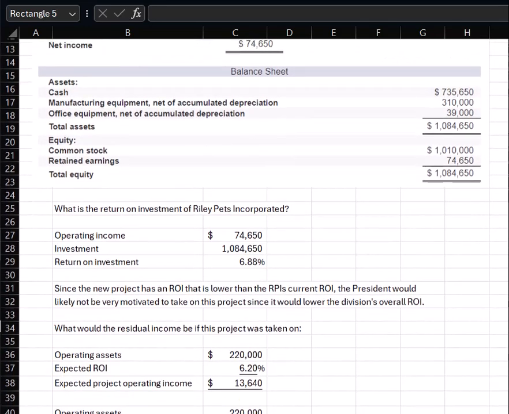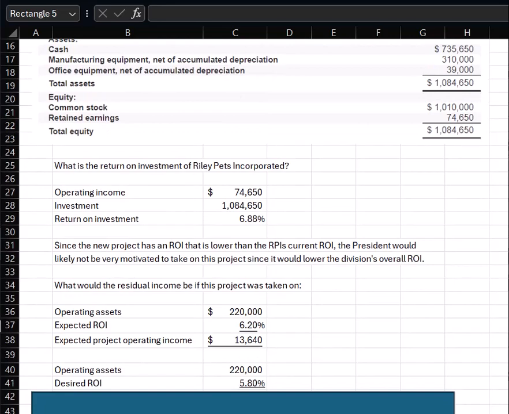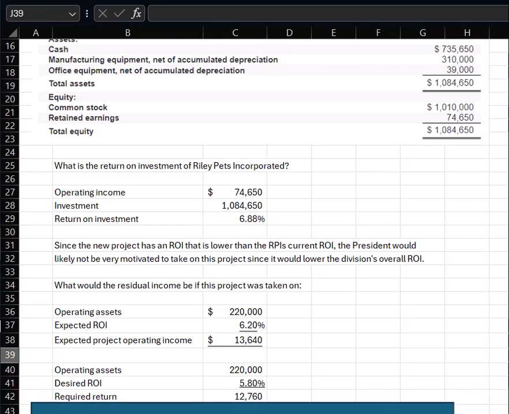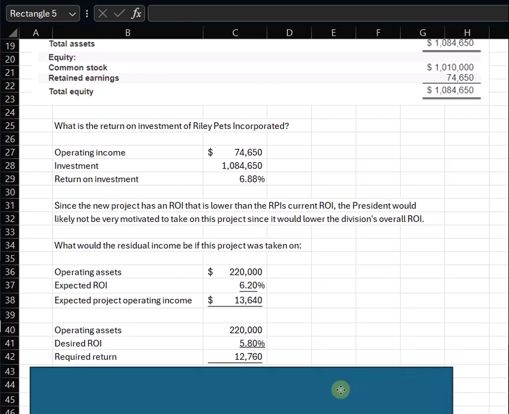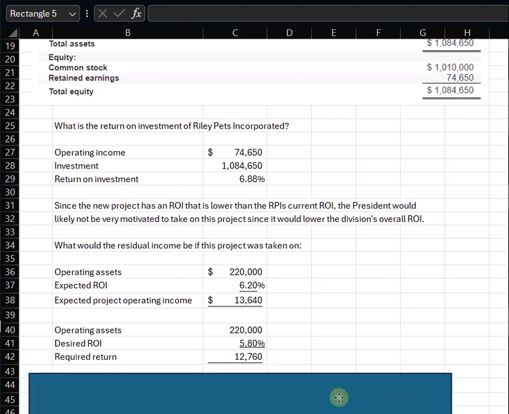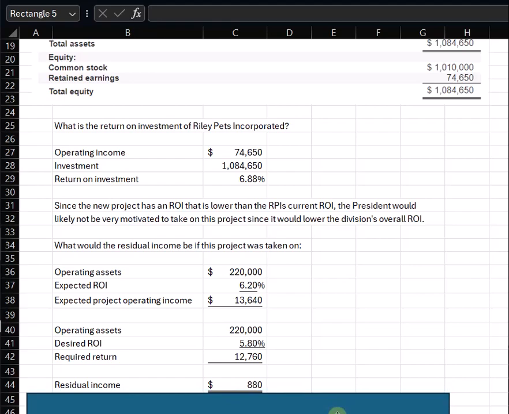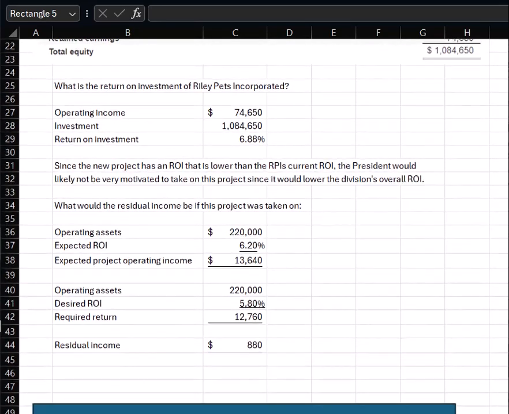I consider that to be the minimum rate of return for a project to be approved at the corporate level. So that required rate of return would be 220,000 times 5.8, which is 12,760.